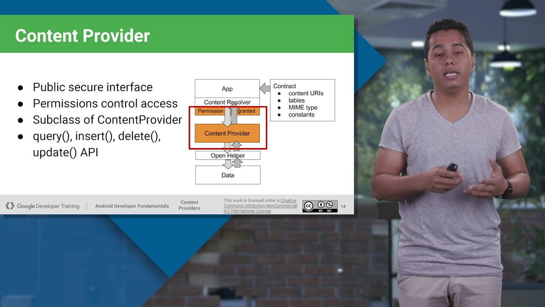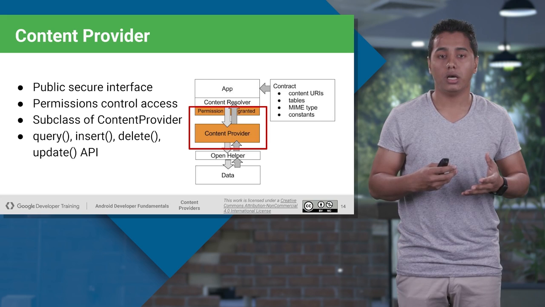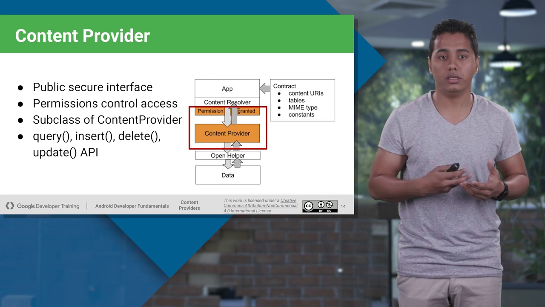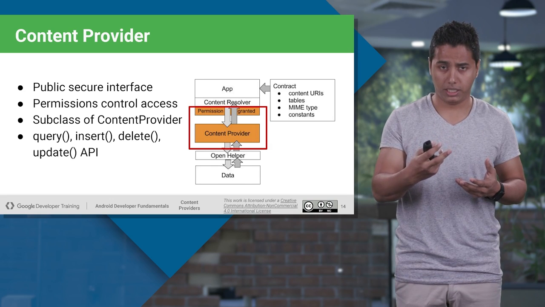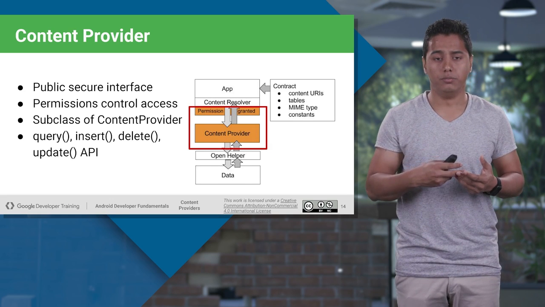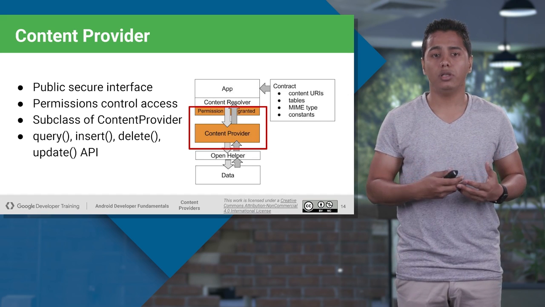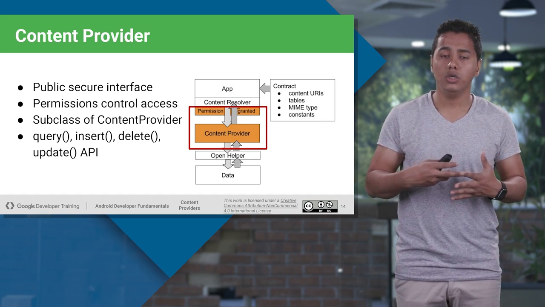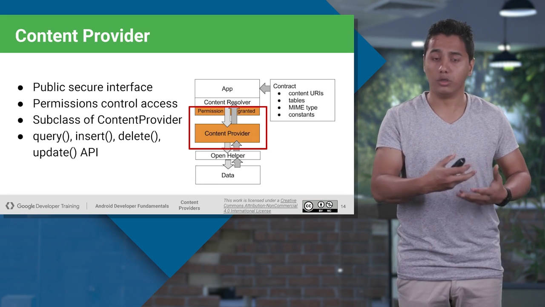Then you will create a content provider. Of course, to create a content provider, you need to extend the content provider class, and it is an abstract class, so you have to override all the methods like query, insert, delete, update, and getType. Inside these methods, you will give access to the database, but not the details.